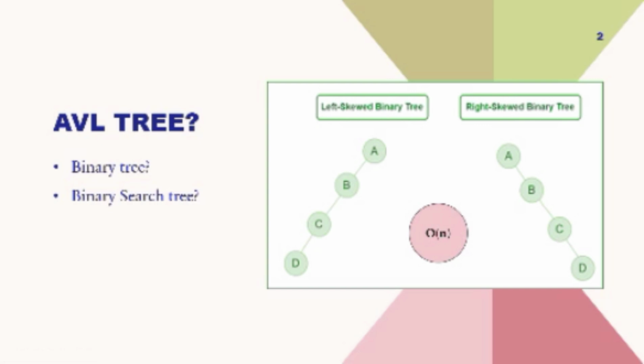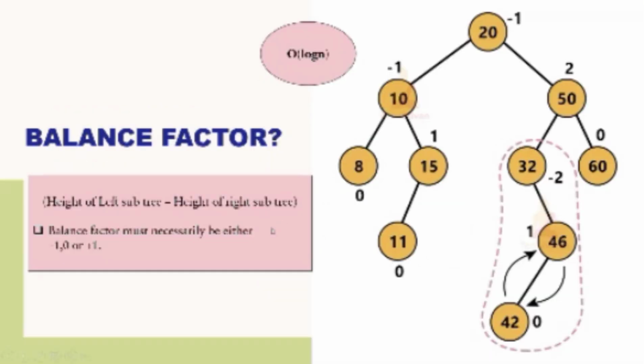Now, this generally occurs due to the missing of a factor, and that factor is our balance factor. Balance factor is defined as the height of left subtree minus the height of right subtree. If we observe the binary search tree given here, the height of left subtree is 1, 2 and 3. The height of right subtree is 1, 2, 3 and 4.